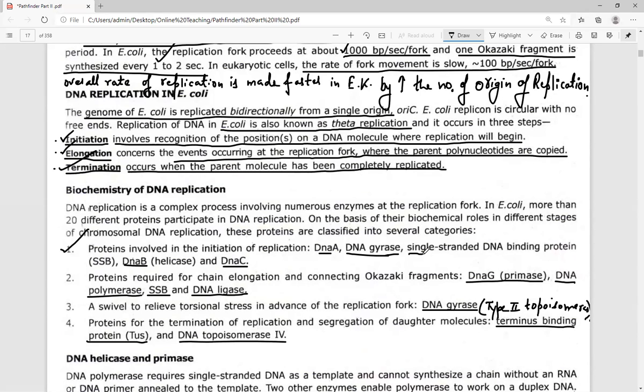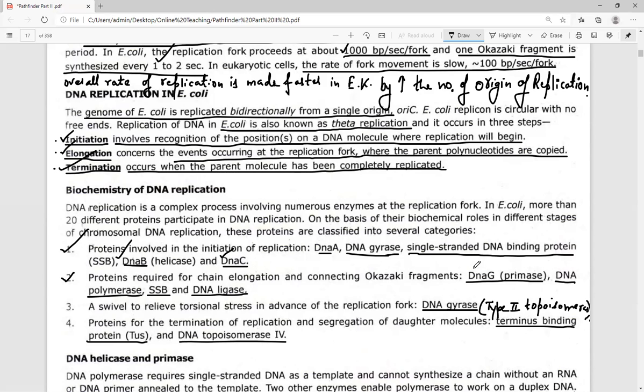Single stranded DNA binding protein causes the separated single stranded DNA to remain in single stranded form. DnaB is also a helicase. DnaC facilitates the unwinding.